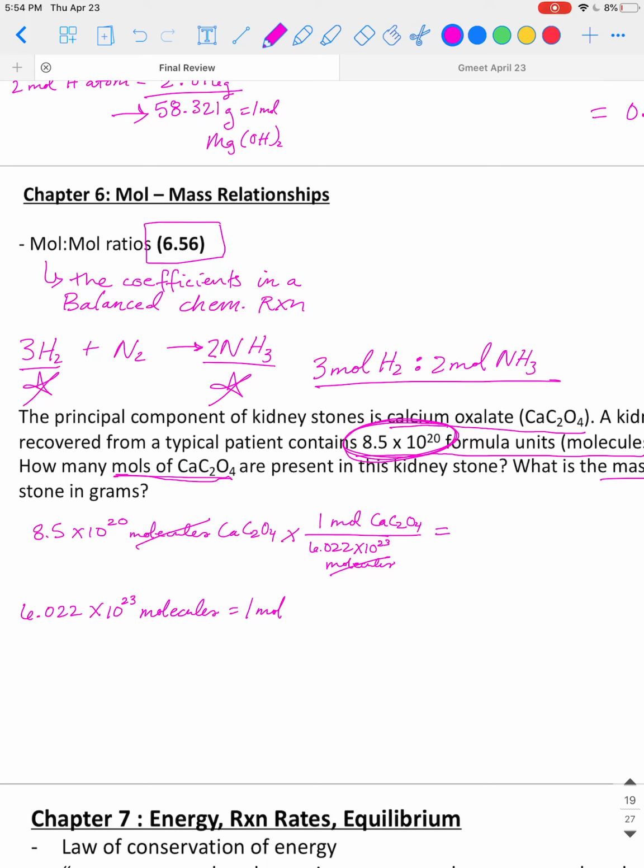So now we have moles. So then we would just calculate this. So what is that? 8.5 times 10 to the power of 20 divided by 6.022 times 10 to the power of 23.